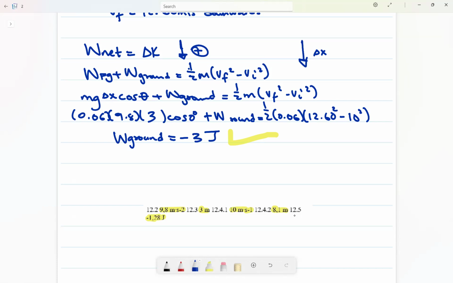Okay, yes. Minus 0.06 multiplied by 9,8 multiplied by 3. Indeed, now it tells us this is the answer. Okay, I don't know what's happening here. 9,8 multiplied by 2. Just a moment.